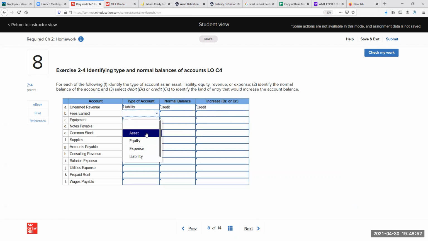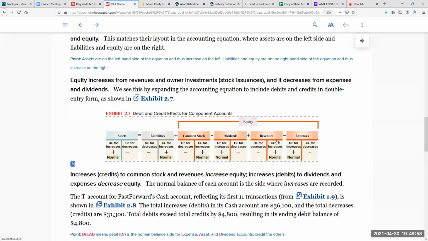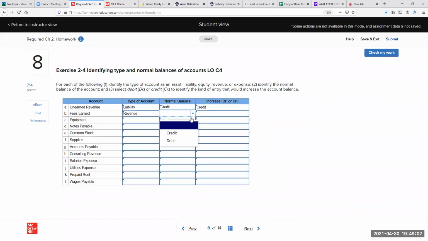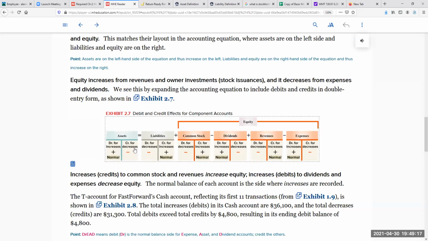Fees earned. What are fees earned? It's a revenue. What's the normal balance of a revenue? Revenue increases on the right, so the right side is the normal balance. Okay, so now you're going to go down. So this is a liability, equipment's an asset. What's the normal balance? Well, on what side are assets increased?